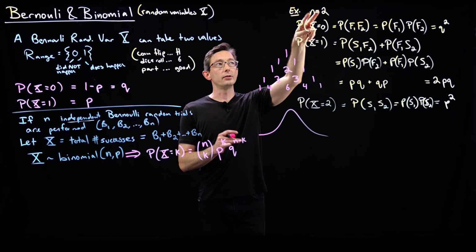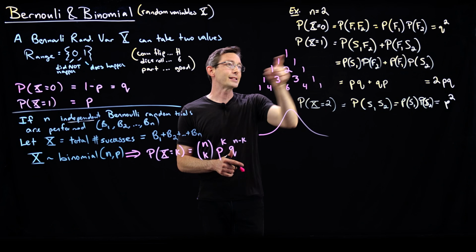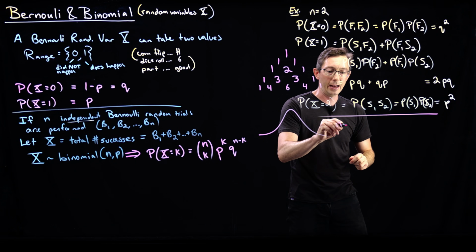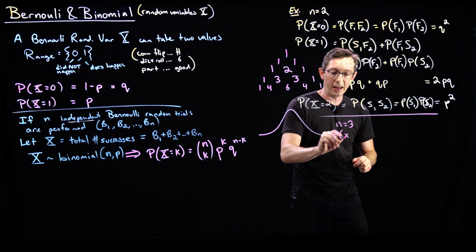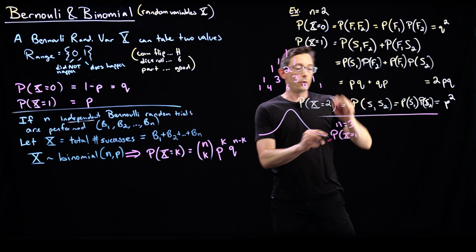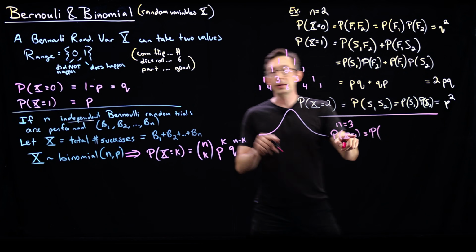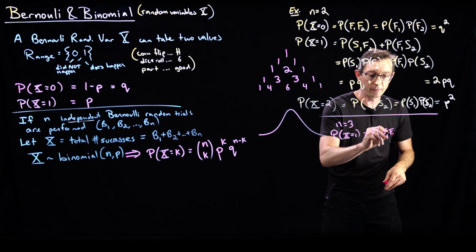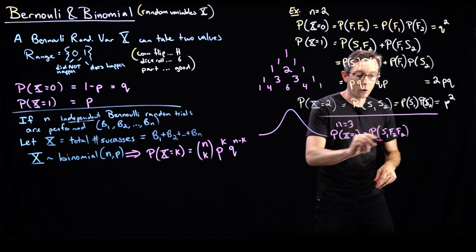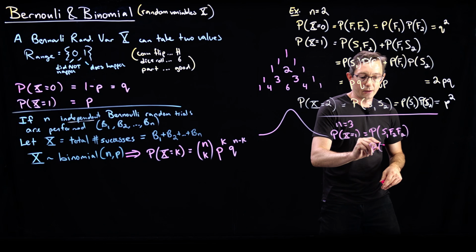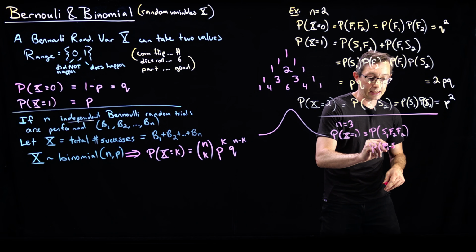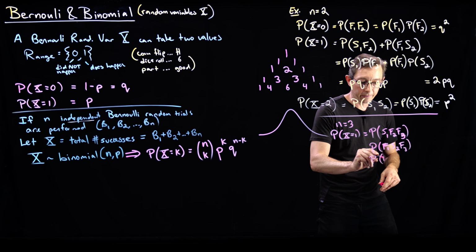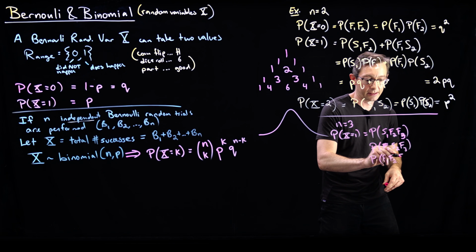So if you wanted to do this for n equals 3, and let's say the probability of x equaling 1, I'll do one example for you. For n equals 3, the probability of x equaling 1 would be the probability of, the only way you can get a single success is either success on the first one followed by 2 failures, or a failure on the first one, a success on the second one, and a failure on the third one, or a failure on the first one, a failure on the second one, and a success on the third one.